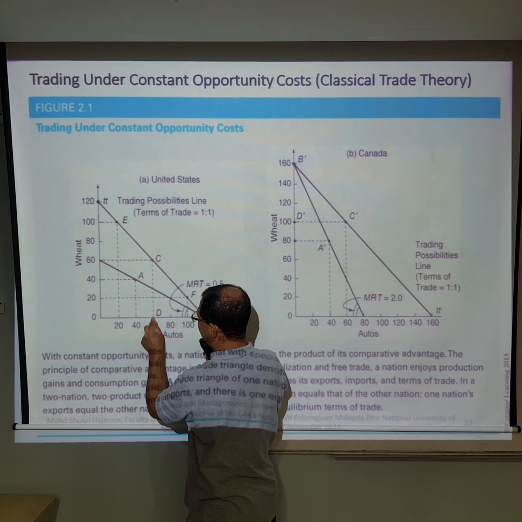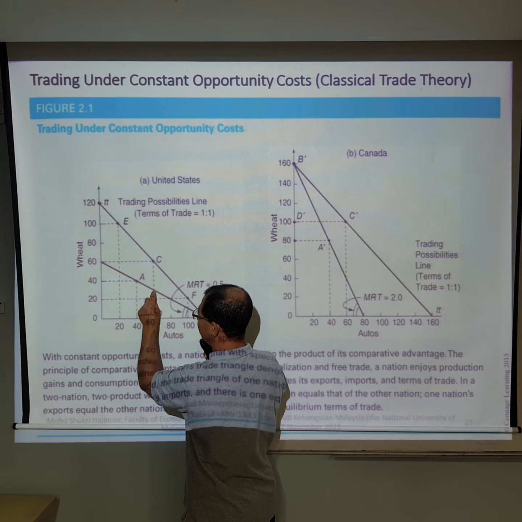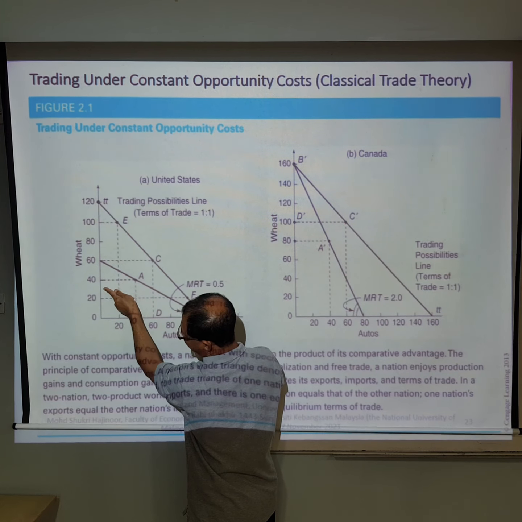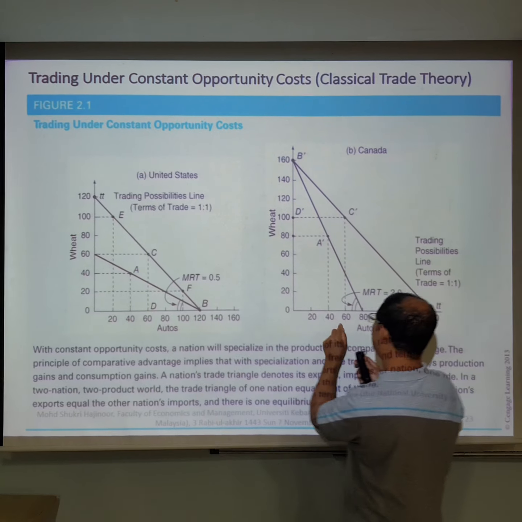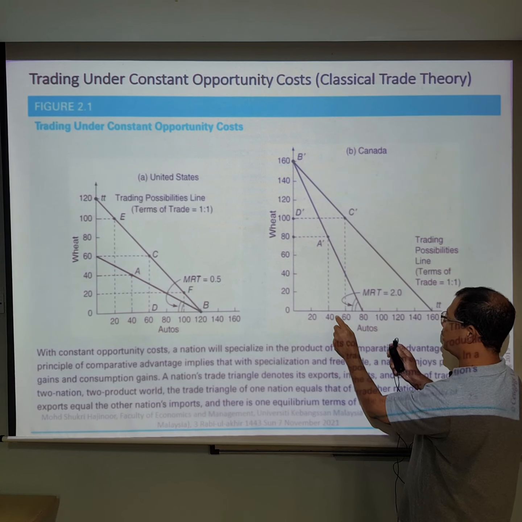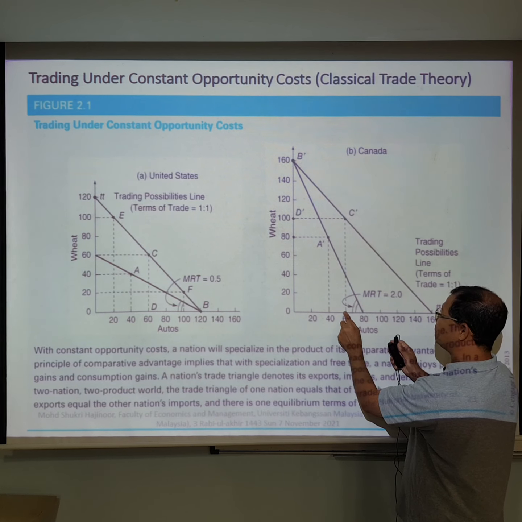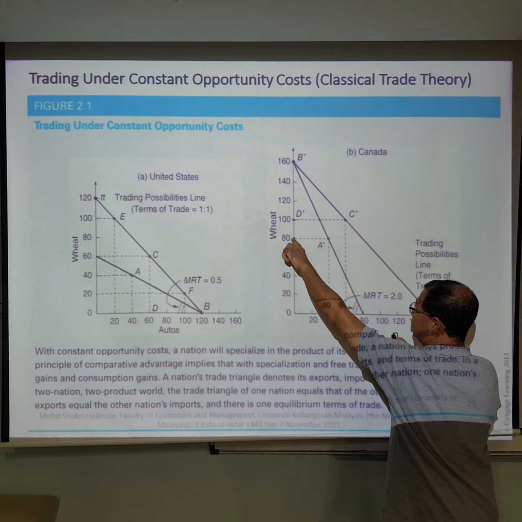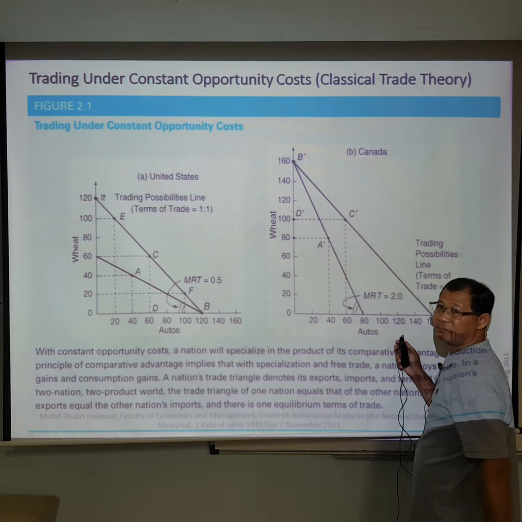From 40 to 30, only 10. Previously, for Canada it was 80, a 40 decrease.